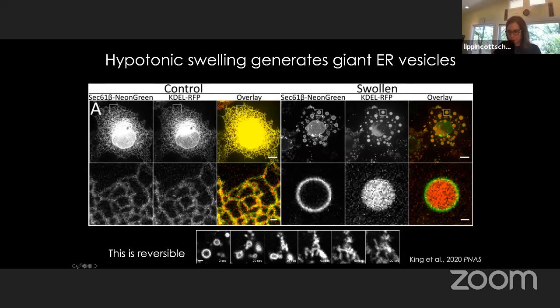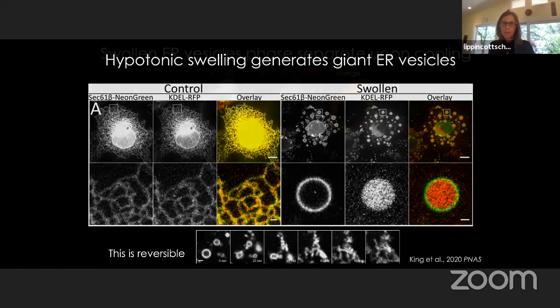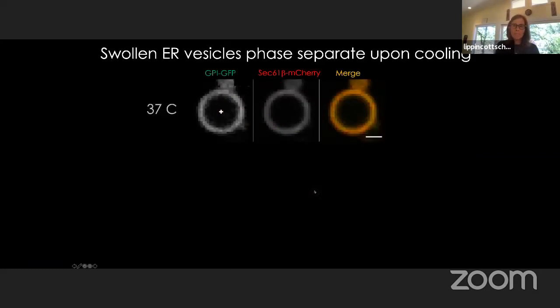Okay, well, given that we have the ability to visualize at the diffraction limited level how proteins are distributed on these big spherical vesicles, we decided to start looking at whether any two proteins on the ER might undergo some type of segregation based on lipid properties, phase partitioning properties.